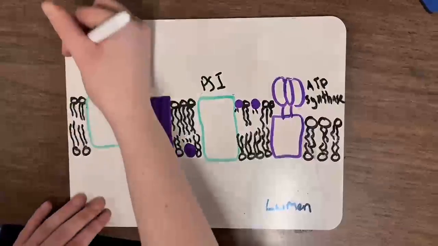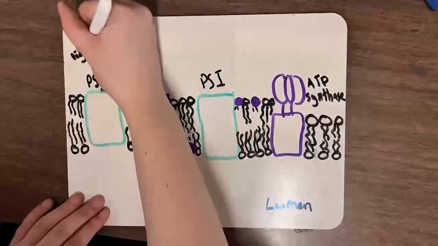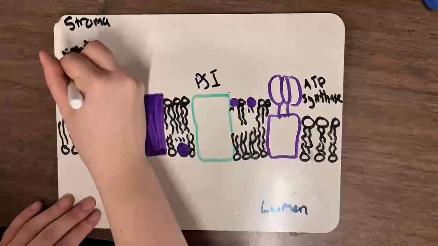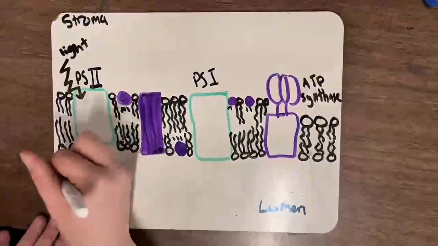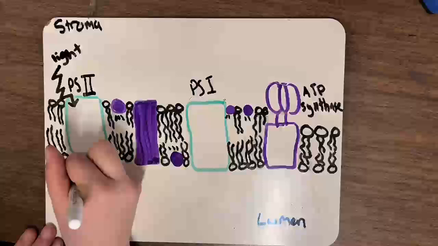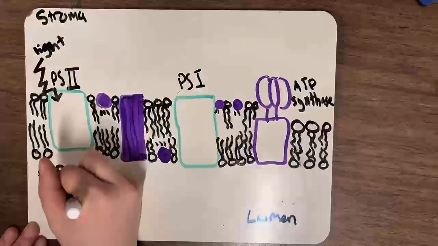The steps to the light-dependent reaction. First, pigments in photosystem 2 absorb the light, which breaks the water molecules and energizes the electrons.